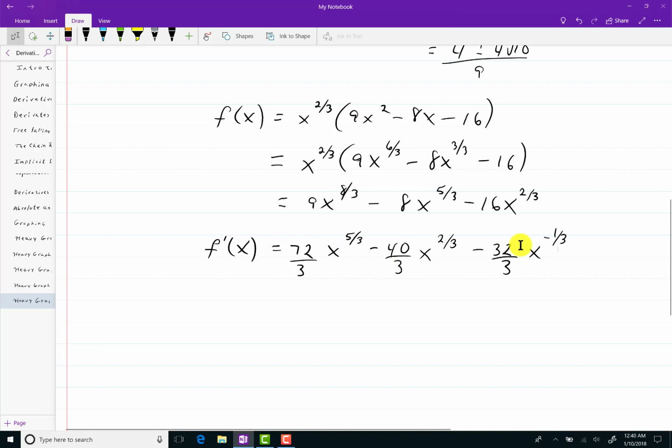So I'm going to factor out an 8, and then I'm going to factor out an x to the negative 1/3. So I'm going to factor out the 8/3, like I said, x to the negative 1/3. And what that leaves, when I take 8/3 out here, is a 9x to the 6/3.